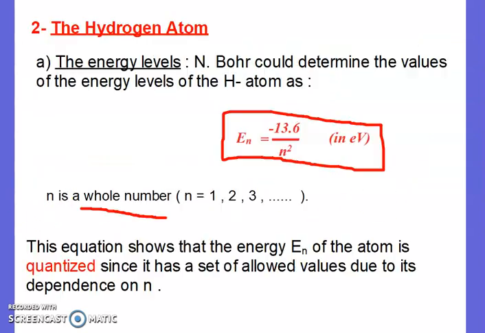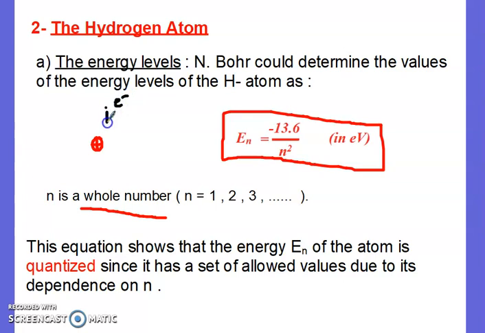Notice also here, I want to emphasize on this. Look at the negative sign here. Clear? It means the energy values of the atom are negative. Means this is called bound system, because we have here in the atom a proton, which is positive, and an electron.